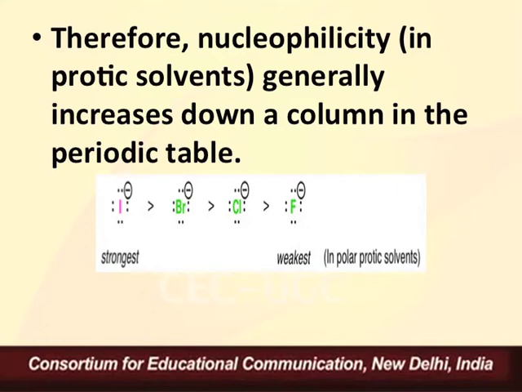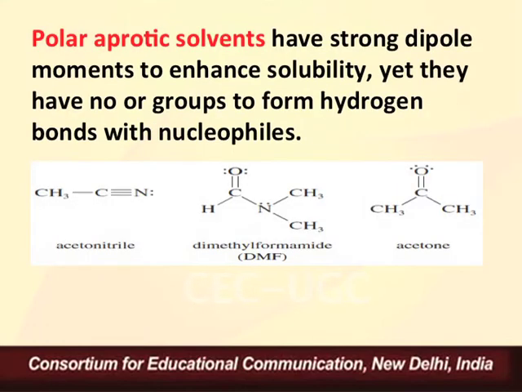Now, if we talk of polar aprotic solvents, then we know that polar aprotic solvents have strong dipole moments to enhance solubility. Yet they have no groups to form hydrogen bonds with nucleophiles. Like acetonitrile is an aprotic solvent because of the difference in electronegativity of carbon and the nitrogen attached to it in the nitrile group.